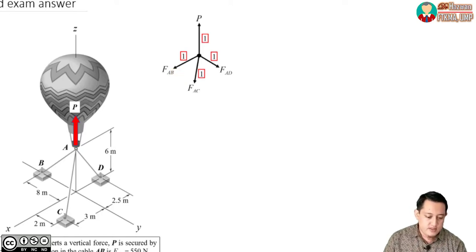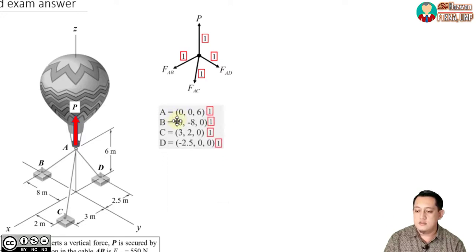So what about the coordinates for set number 1? For coordinate A here, we only have the Z direction, 6 meters, so positive 6.